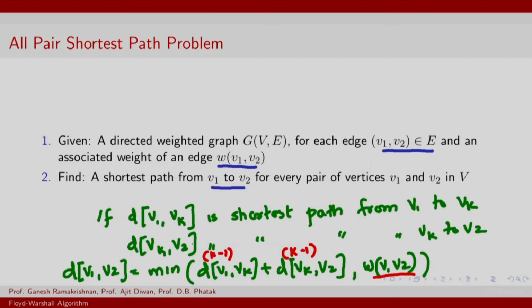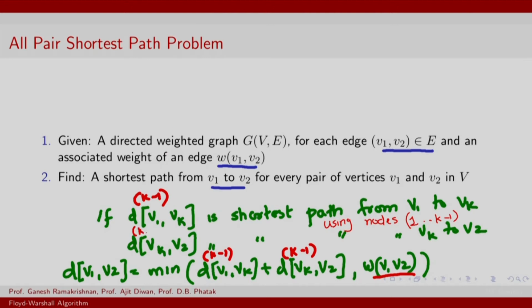So what we are going to exploit is that the shortest path from v1 to vk using the first k minus 1 nodes, using the set of nodes 1 to k minus 1.